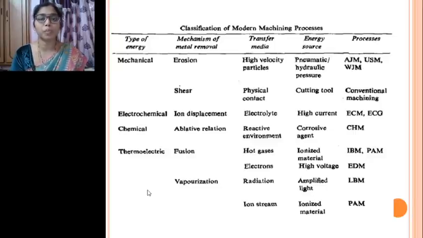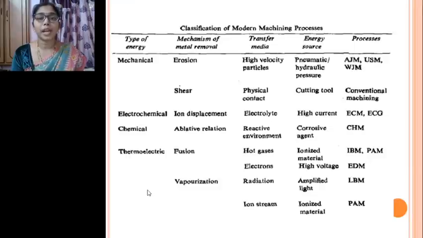Now if you take the conventional process, since the tool is in direct contact and a large amount of forces are generated during the removal process, the amount of material removal happening during the process is much higher.